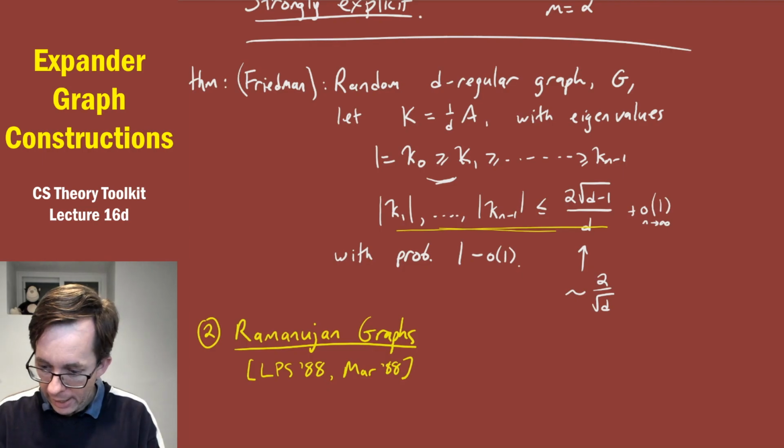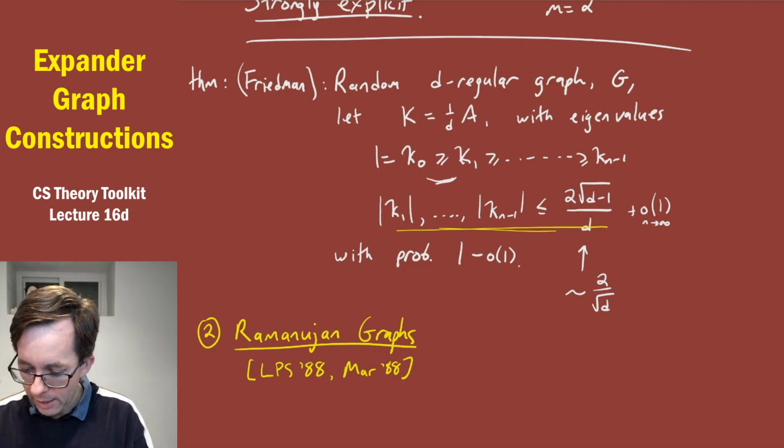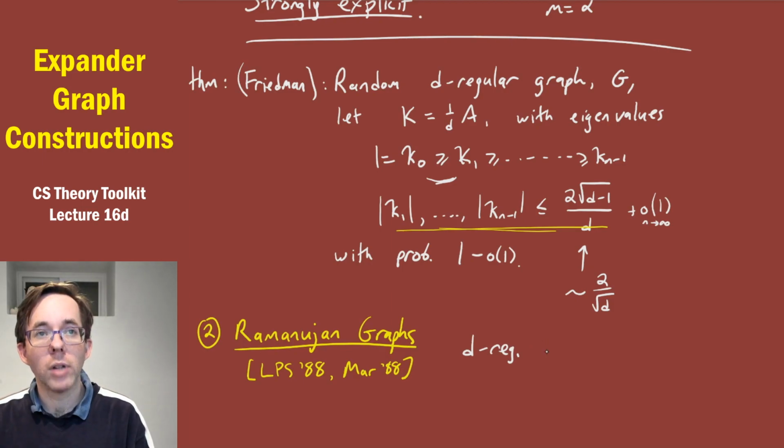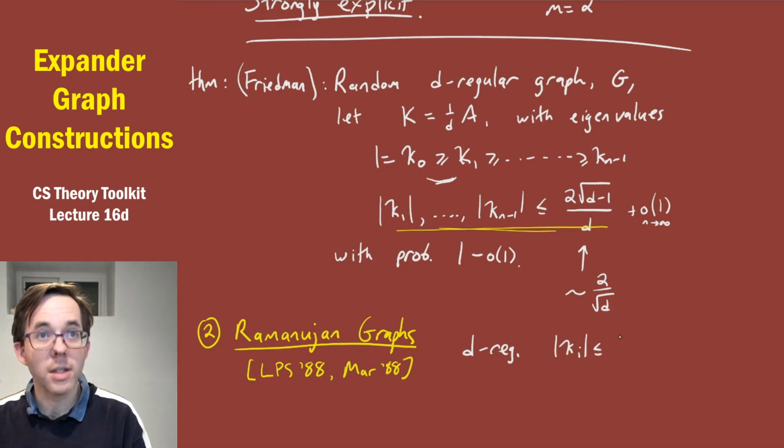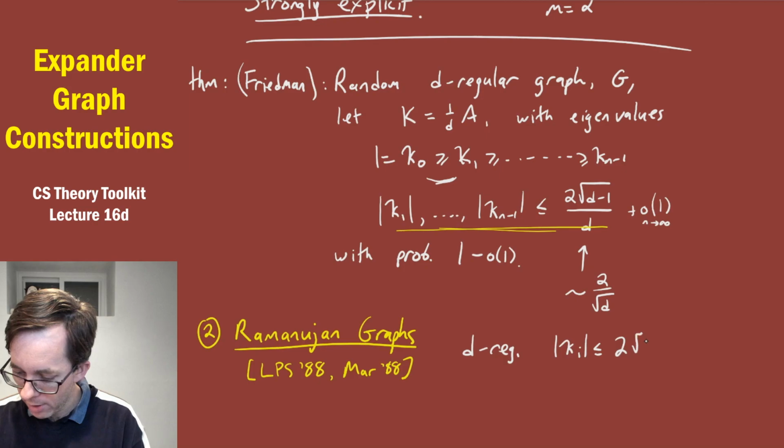And as I said, what are they? They're d-regular graphs G, and they have all of these kappa i's at most this exact magic number, 2 root d minus 1 over d, literally exactly, with no plus little o of 1.